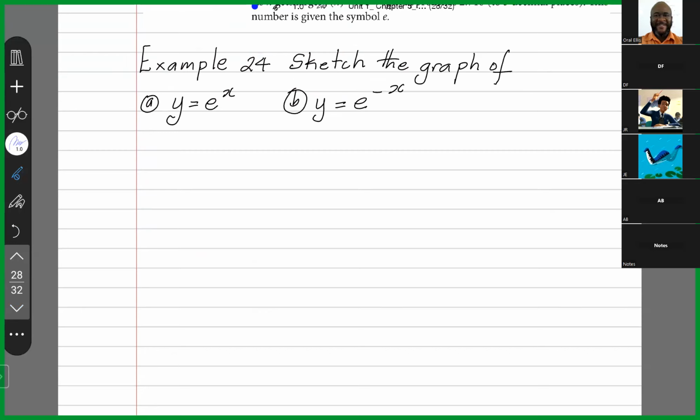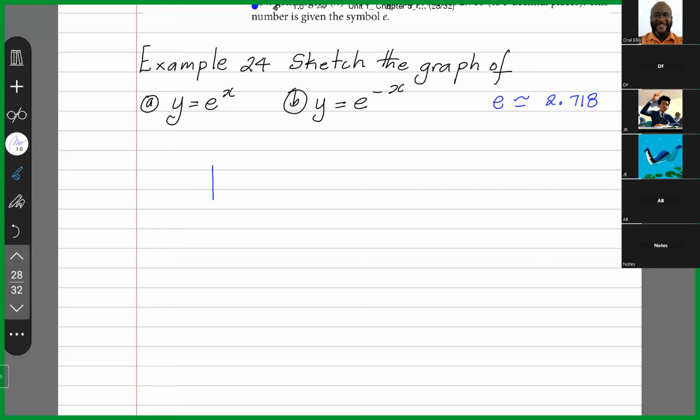All right, here is an example. Example 29 is asking us to sketch the graph of y is equal to e to the x. Now, first of all, e is a positive number, which is approximately 2.718. So in other words, the graph of y is equal to e to the x is the same as the graph of y is equal to a to the x, where a is greater than 1.